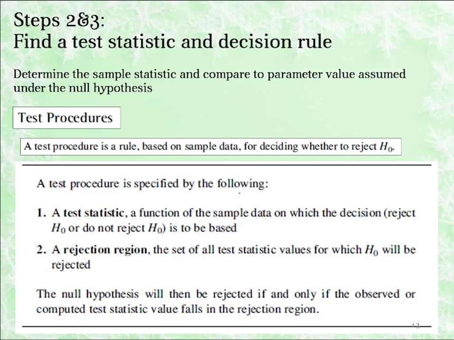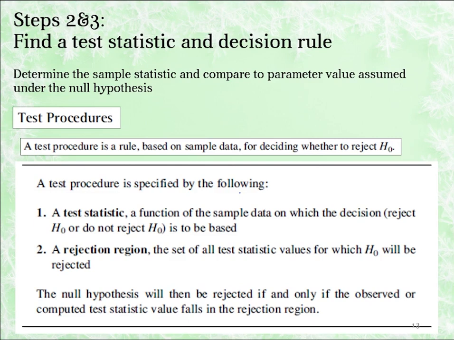So this test procedure is specified by the following. This is defined in your textbook. We have a test statistic, which is a function of the sample data, and you'll see that we have a few different test statistics that we can calculate depending on what situation we're in. We'll start with a really basic one in this chapter, which we generally won't use too much.